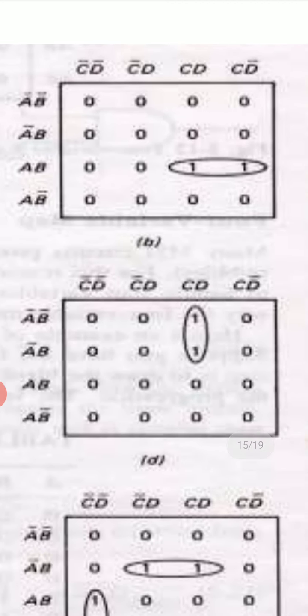Look at this figure B. By looking at this Karnaugh map, we can directly write this simplified expression. For this pair, on the left hand side we have AB and on the upper side we have two products CD and CD bar.